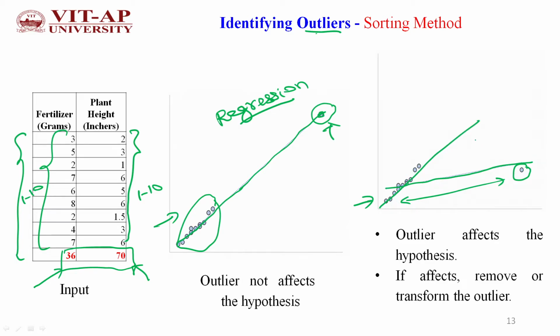Because of a single data point, our regression line is varying from this location to this location, which is affecting our regression model. So some of the outliers will affect the machine learning model's performance. Some of the outliers may not affect it. So whichever outliers are affecting our model can be removed or transformed from the data set.